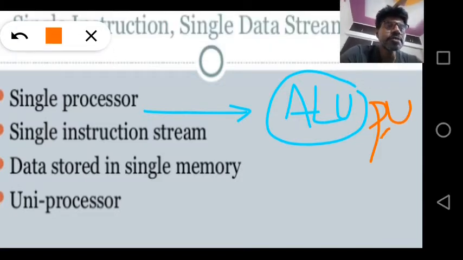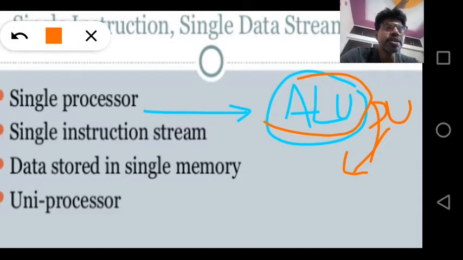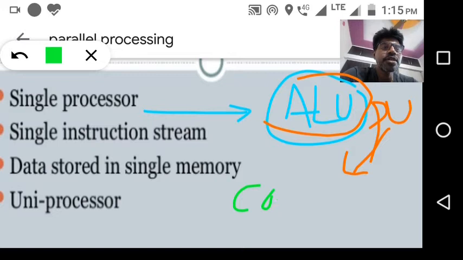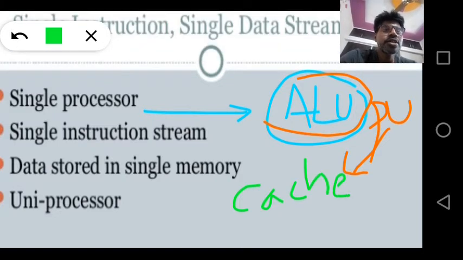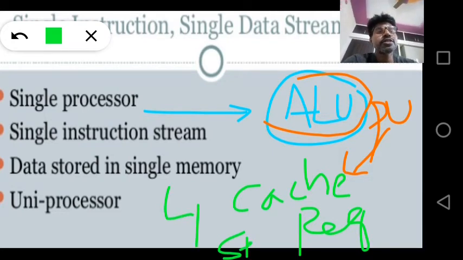The reason is ALU doesn't contain internal cache, but PU means it contains three things. One is internal cache and special registers. Internal cache is called L1 cache.